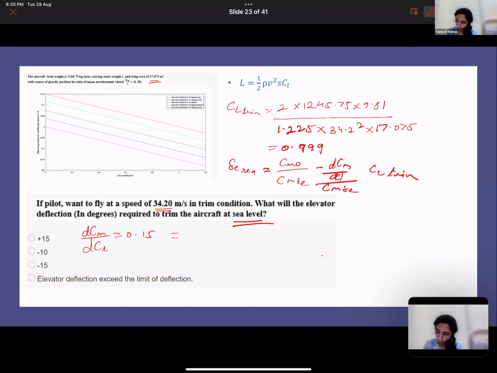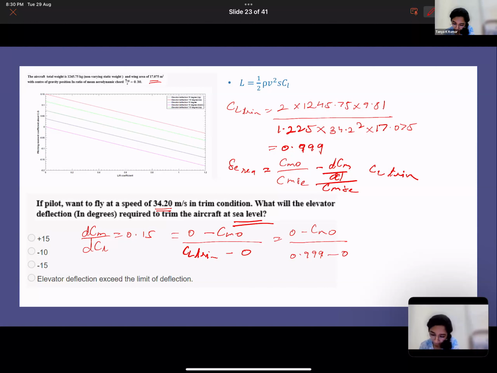The intercept is CM naught. So you take the points at trim and at CM naught. At trim, dCM upon dCL: at trim, CM is 0. At the other point, it is CM naught. At trim, CL is CL trim. At CM naught, CL is 0. Okay, at the two extremes. Now I plug this in. You have 0 minus CM naught over CL trim, which is 0.999 minus 0.